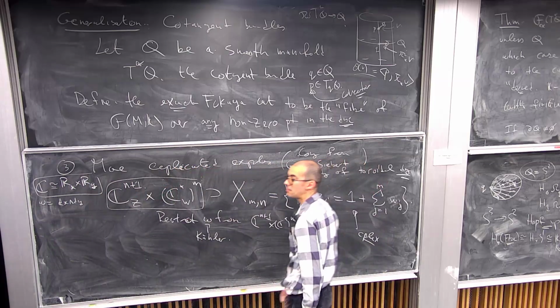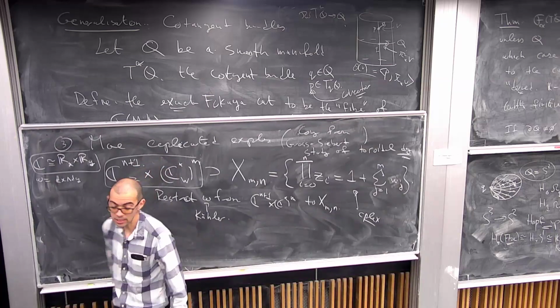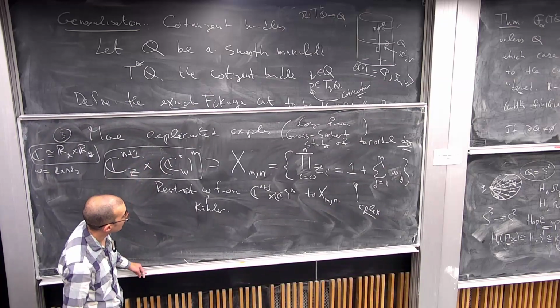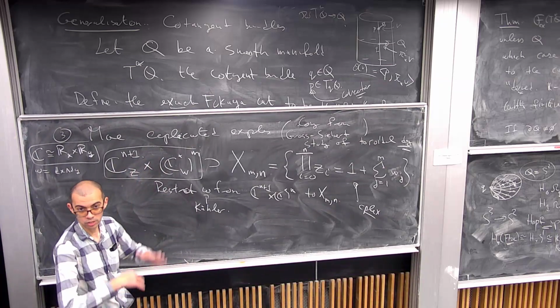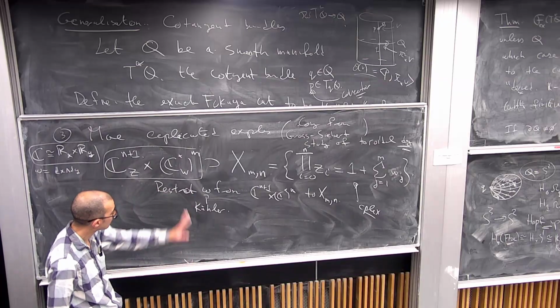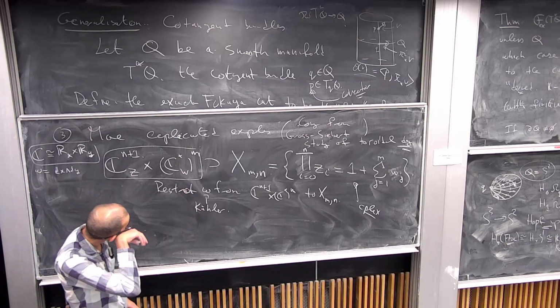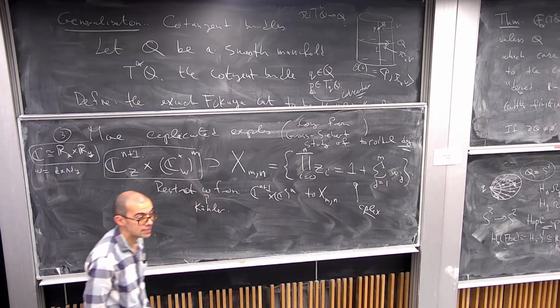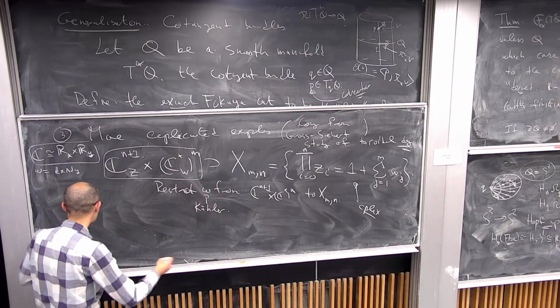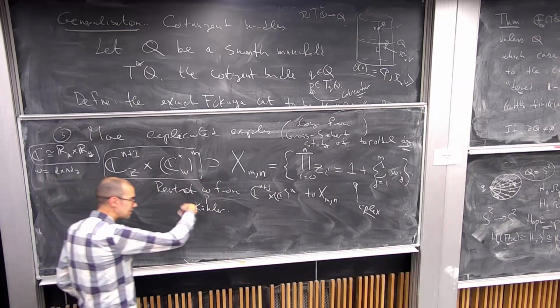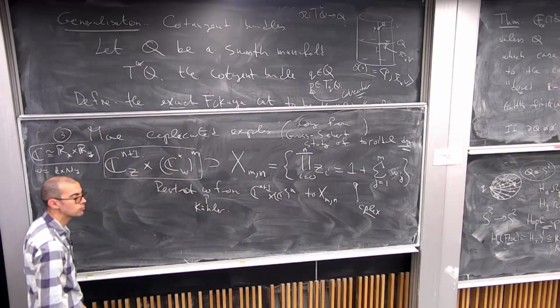So we're pretty happy. What takes quite a bit more work is to actually understand that this has this kind of dilation property. I'm not going to get into that. So this also is of the class of things for which the exact Fukaya category makes sense. Again, if it's an affine hypersurface, we can just do it.